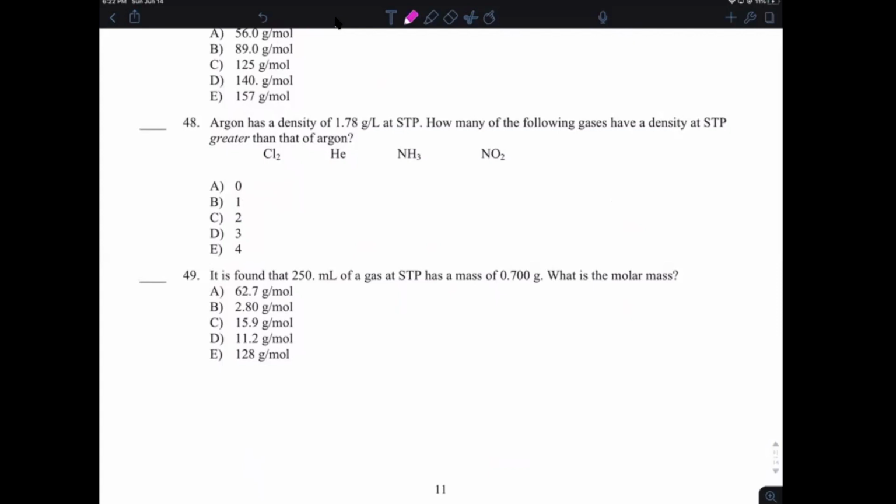Let me just try calculating this at STP. Okay, yeah, I think number 48 would be C. That sounds good. Yep.